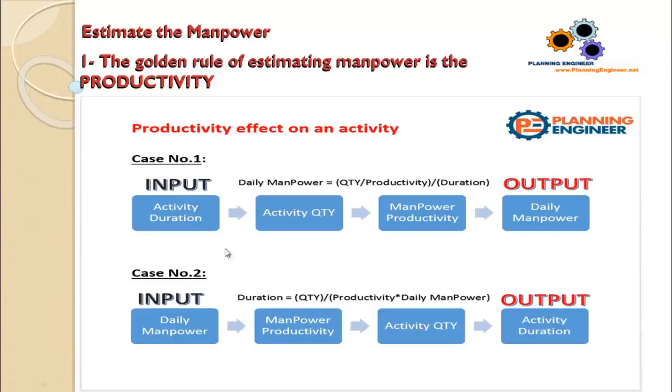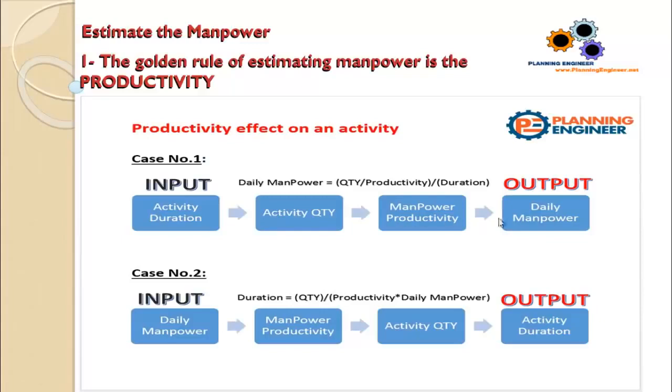So if you fix the activity duration, let's say you have an activity with a 30-day duration and this is fixed, and this activity has 100 square meter quantity of whatever, and the manpower productivity can produce 10 quantity per day.